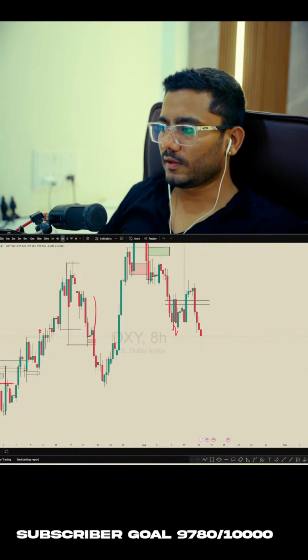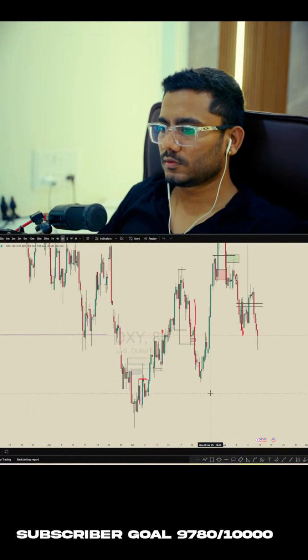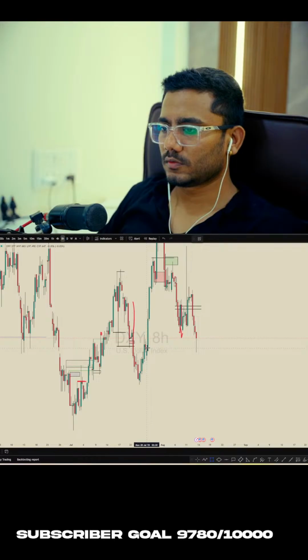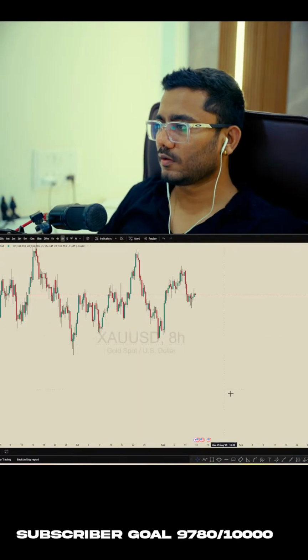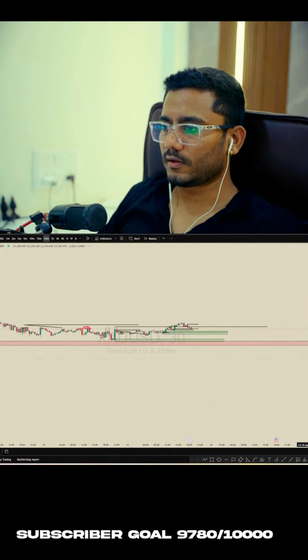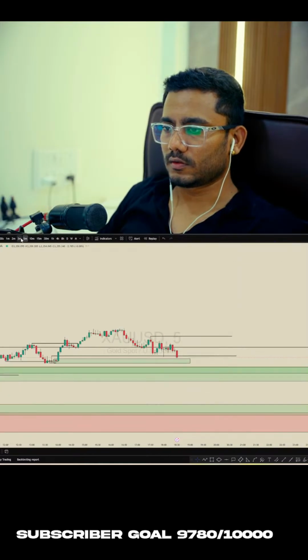So DXY is taking resistance on this level here. So it can continue higher. So probability of our trade, let's see.